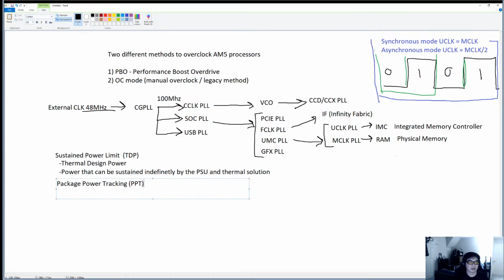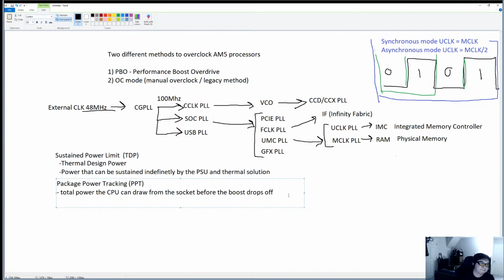Okay, now we're going to talk about another parameter here. This is going to be the package power tracking. The package power tracking is the total power the CPU can draw from the socket before the boost drops off or levels off, however you want to say that.